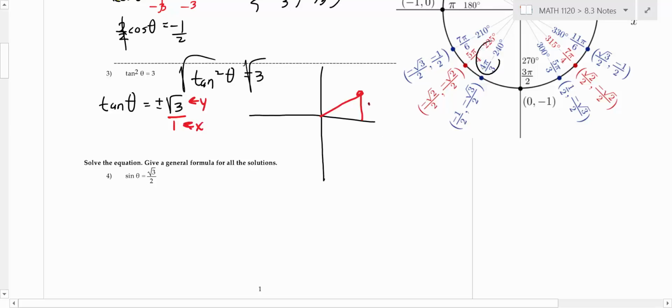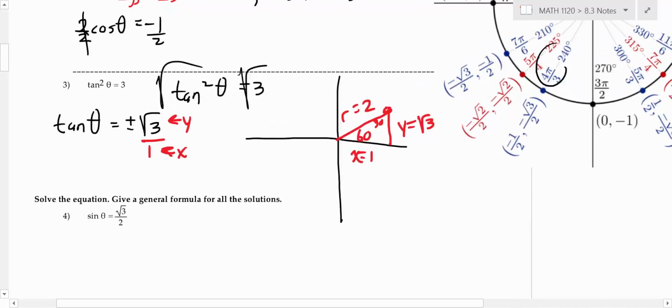Okay, so y would be square root of 3. X would be equal to 1, like that. What's r? 2. What is the angle right there? 30 or 60? 60. That's a 30-60 right triangle, right?